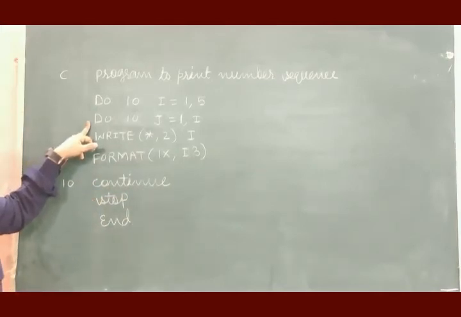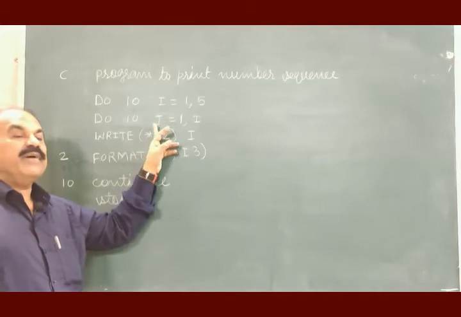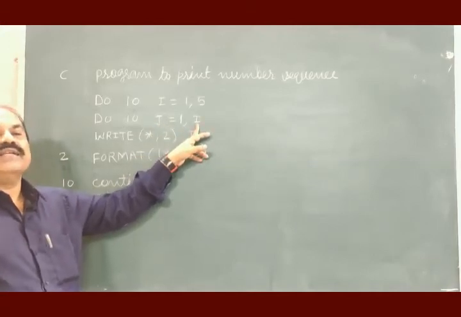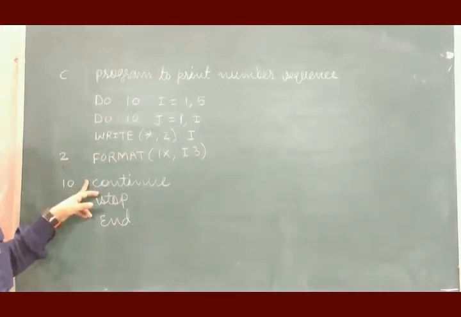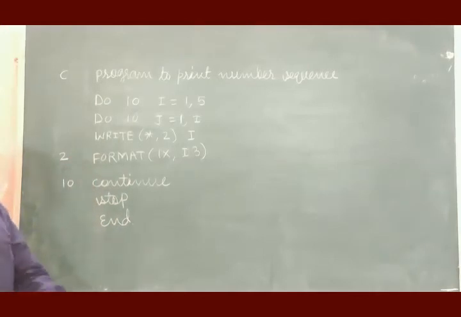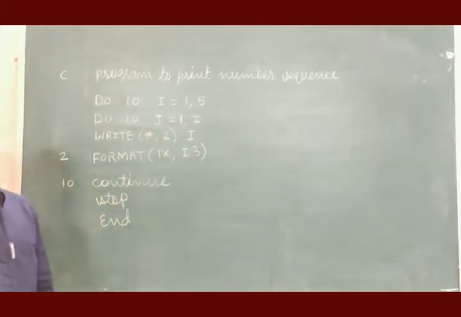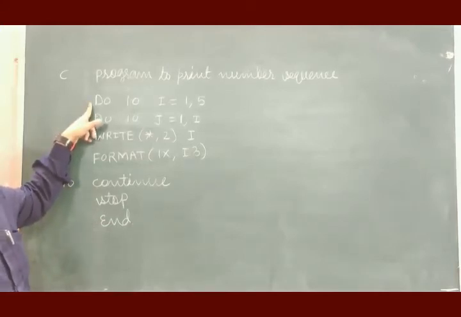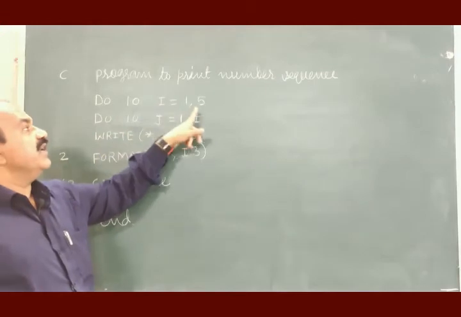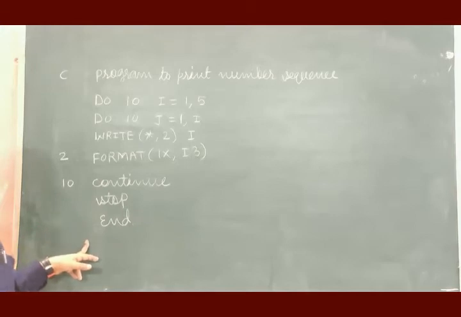The inner loop continues first till the inner variable reaches its final value. After that, go to the outer loop. After completion of the inner loop, this continue will work for the outer do loop till the running variable reaches its final value. Stop, end. Now let us see how this program works.